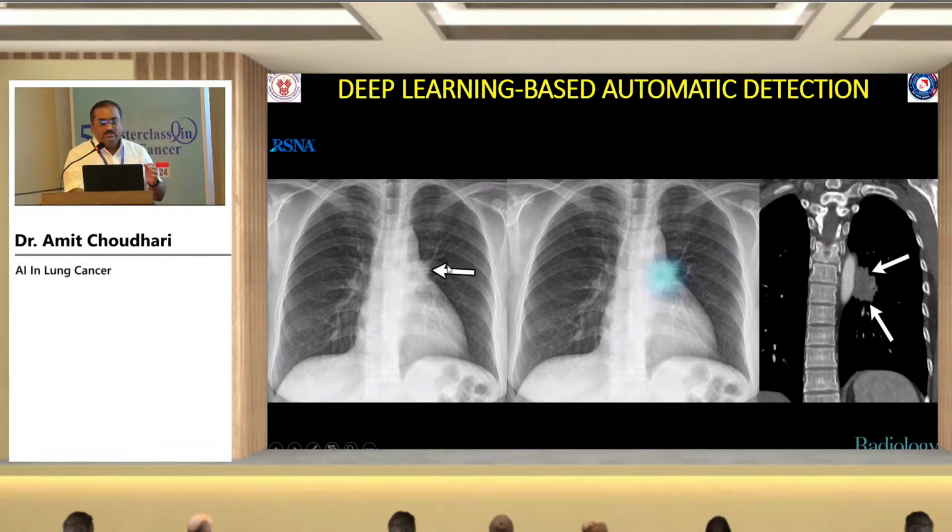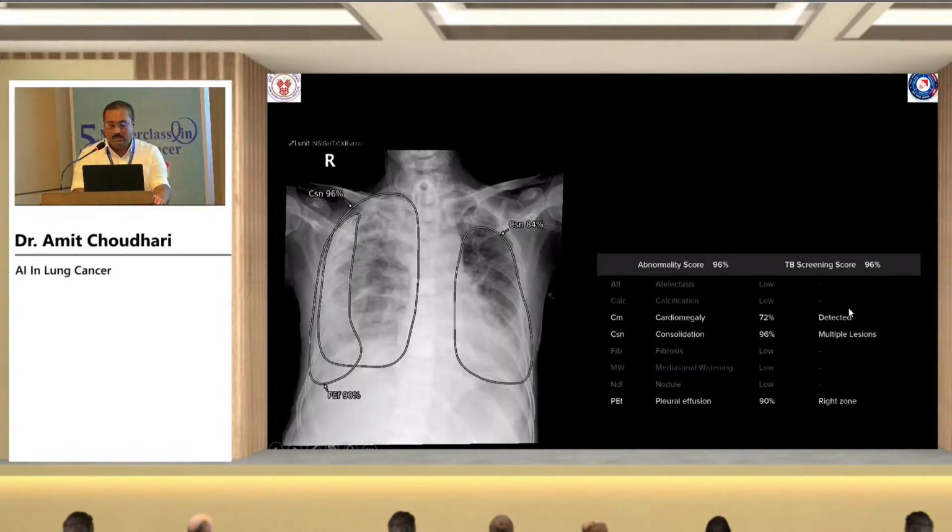This was a retrospective study wherein this abnormality in the right perihilar location was missed by the human radar, but very well detected by the software on the radiograph and was later confirmed to be a mass in the perihilar location in the left lung. Next comes the detection, and this is the AI-based software which is actually in action in the TMH Department of Radiology, which can give you the scores of various abnormalities that it detects.